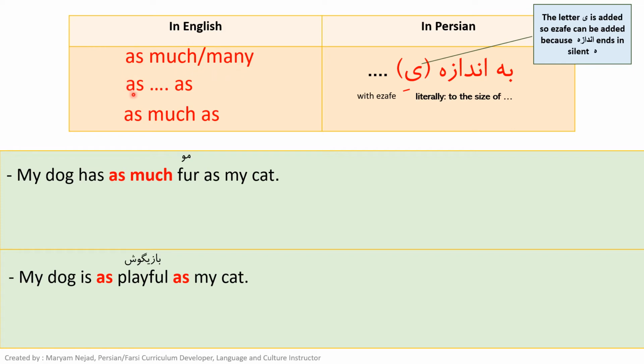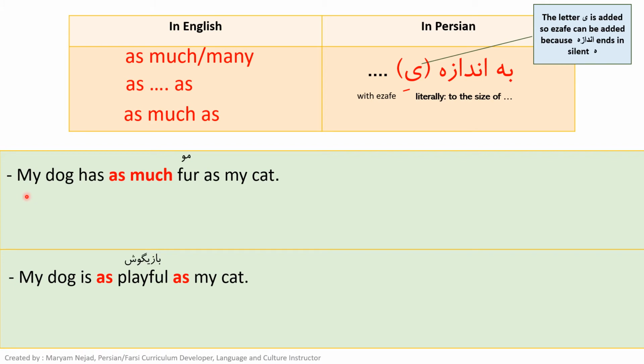It also means as and then as. So by using به اندازه, it's another way to say two things are similar. And then also it could mean as much as. For example, she earns as much as he does. But examples that use as much as usually need verbs too, and we have not gone over the verbs yet. So we're just going to see examples for this one and this one.